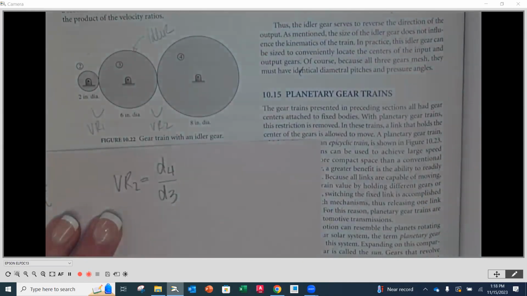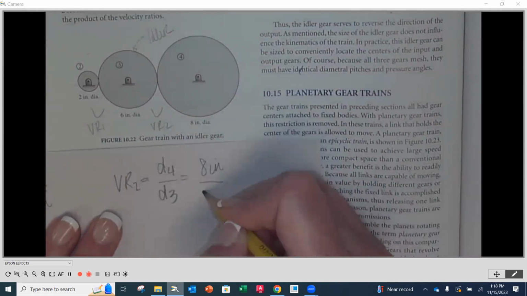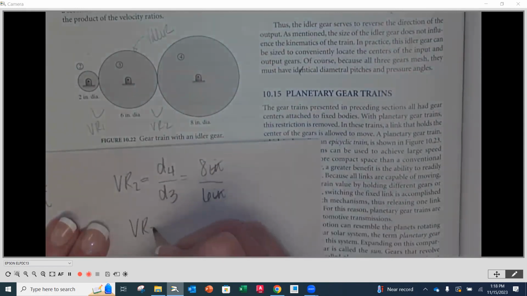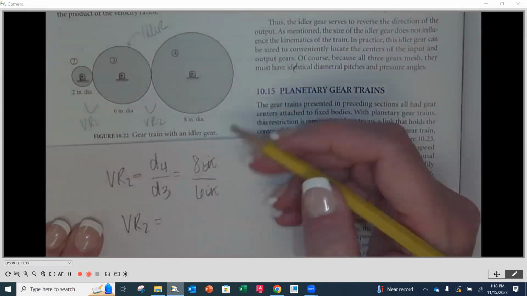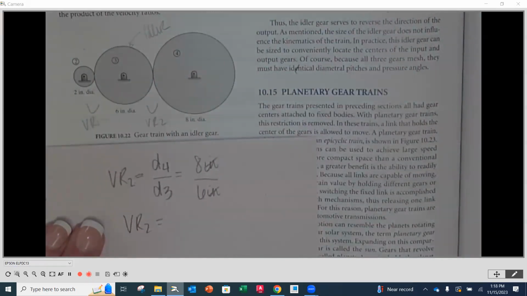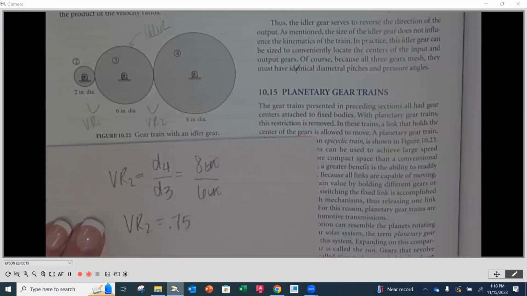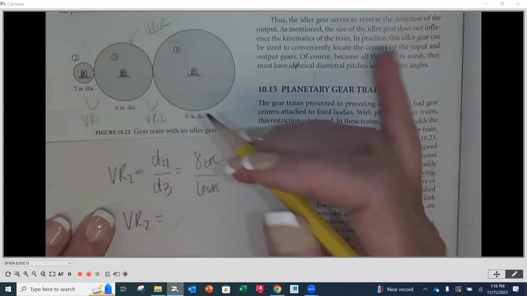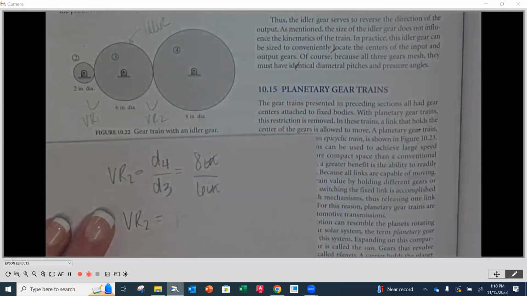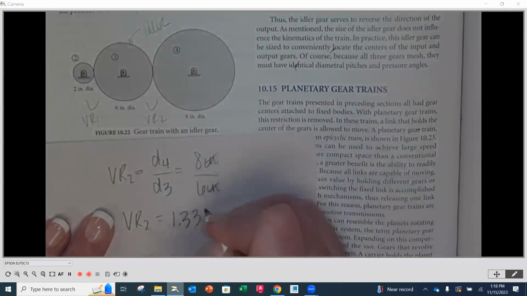Here, 4 is going to be 8 inches and 3 is going to be 6 inches. So what is this number? 1.333. Okay.